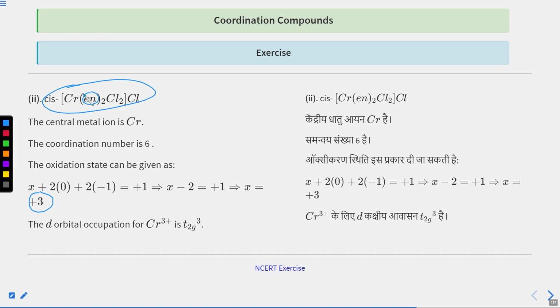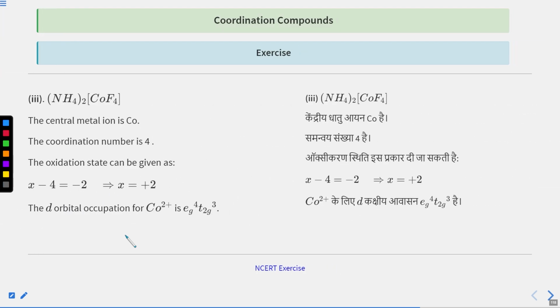For ethylenediamine, which is neutral, 2 into 0. Each Cl has a negative charge, so 2 into -1, and there is a chloride outside, so the coordination entity has a charge of +1, and finally it gives you +3. Since 3 electrons are present, you don't have to worry about pairing. So 3 will be here.